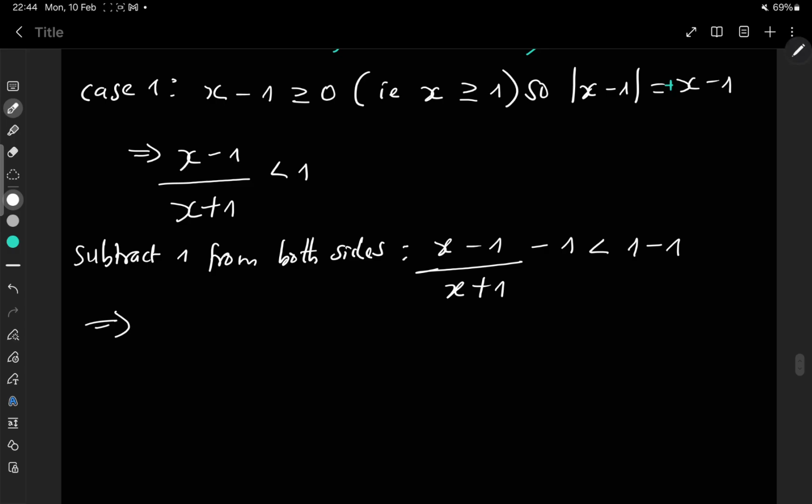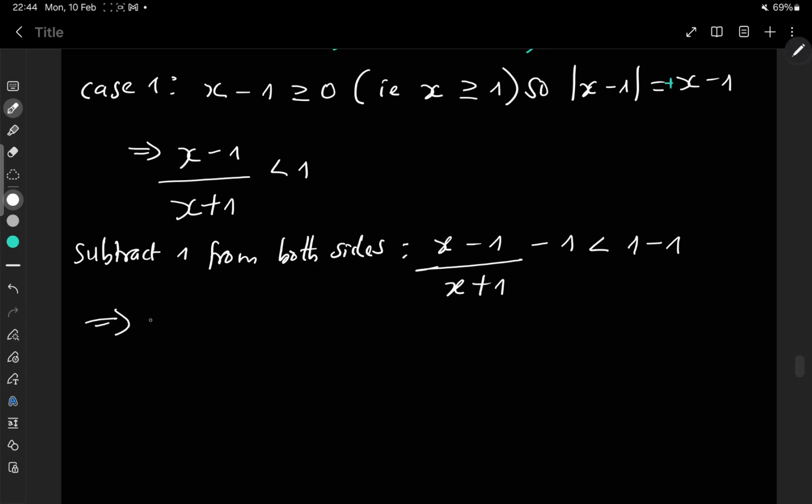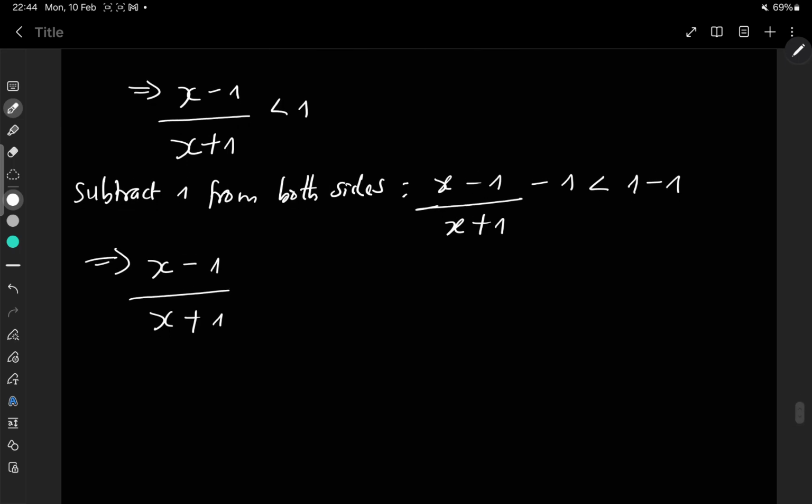Having done that, we're going to have x minus 1 all over x plus 1 minus 1 less than 0, since 1 minus 1 cancels out to give us 0.